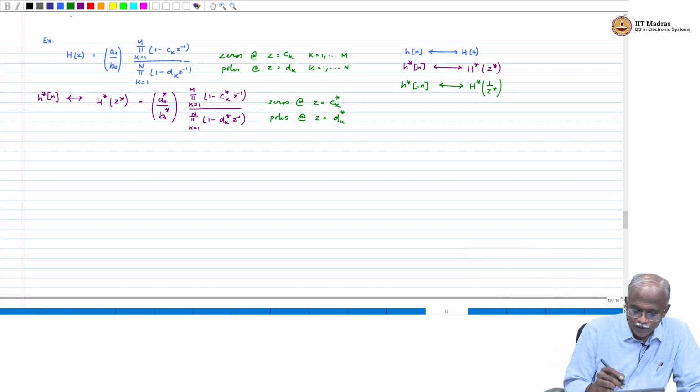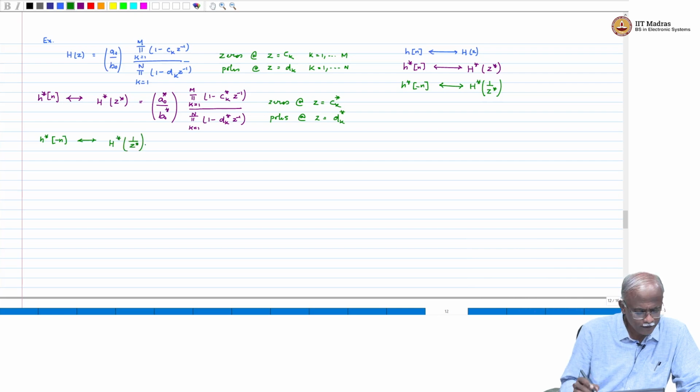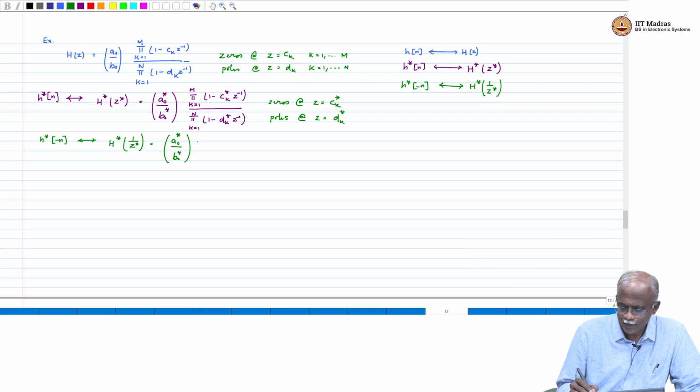Now comes the h conjugate of minus n. This will have h conjugate of 1 by z conjugate. Take a minute to write this down. a naught conjugate divided by b naught conjugate. What is the expression that we get? Product k equal to 1 through m of 1 minus ck conjugate z, not z inverse, z.